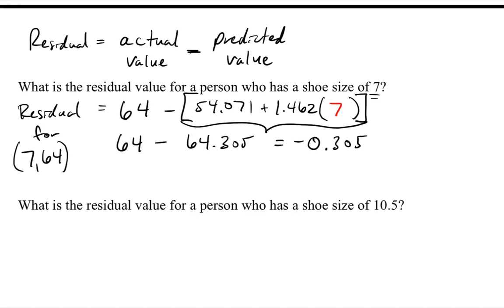This is the residual for the person who had a shoe size of 7 and a height of 64. Now there were 2 other people, but we would do the same thing. The only thing that would change is their actual, right? Their actual would be different if they're different than 64.